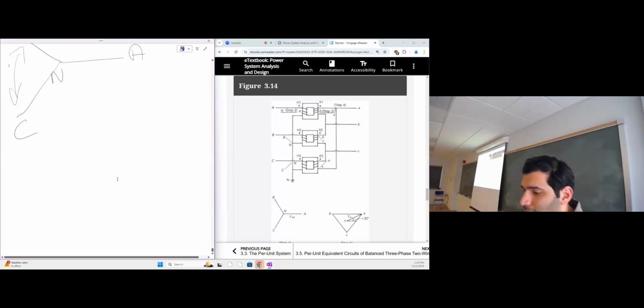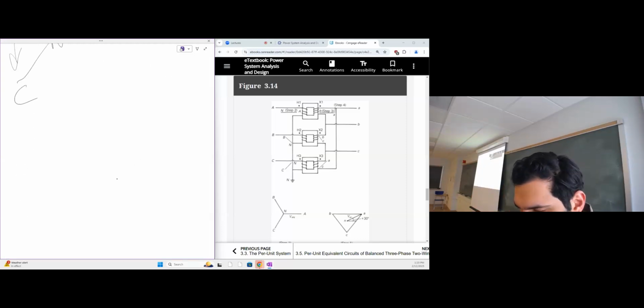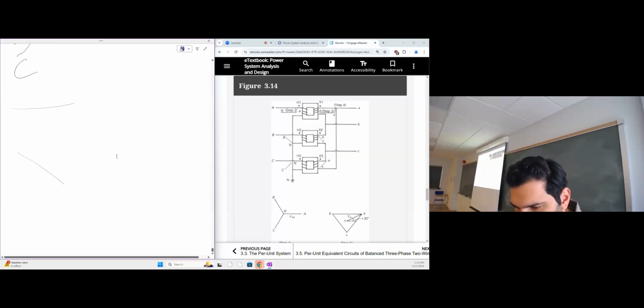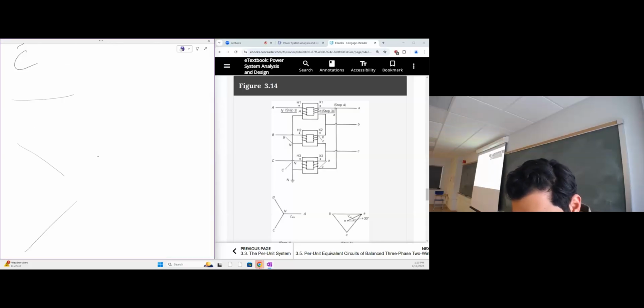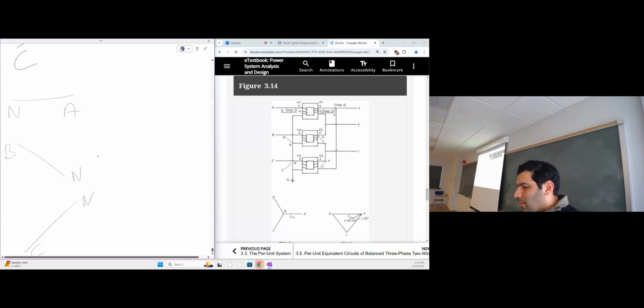So now this is what we had, and I need to determine the other, the secondary elements, okay?